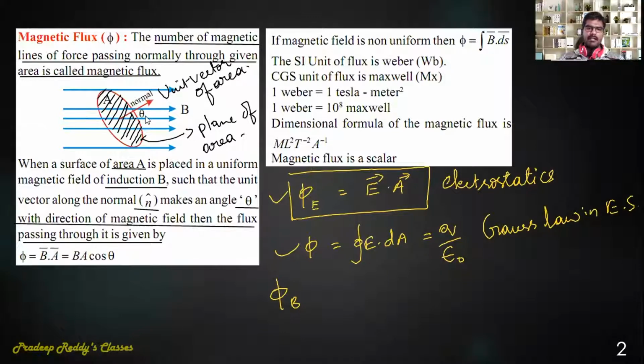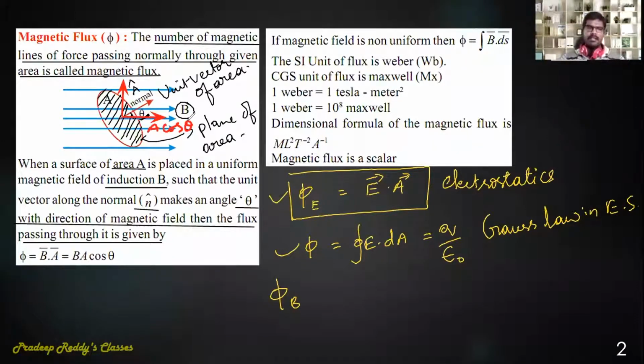Now this unit vector A cap is making an angle theta with the magnetic field. This is the magnetic field B, and the area vector is in this direction, making an angle theta. I can now resolve this area vector into components. This is one component, and this is the perpendicular component. The component in the direction of the magnetic field is A cos theta, which is parallel to the magnetic field.